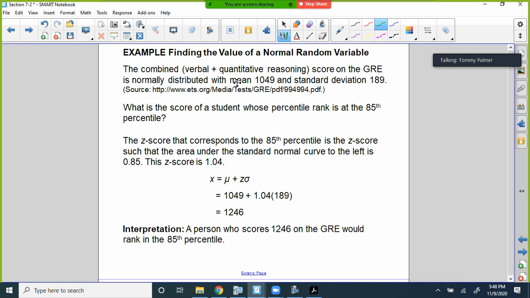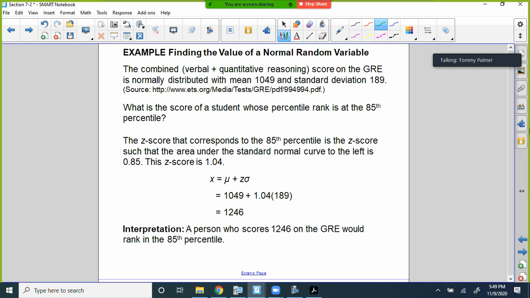All right, so let's look at this. The combined verbal and quantitative reasoning score on the GRE is normally distributed with a mean of 1049 and a standard deviation of 189. What is the score of a student who is at the 85th percentile?